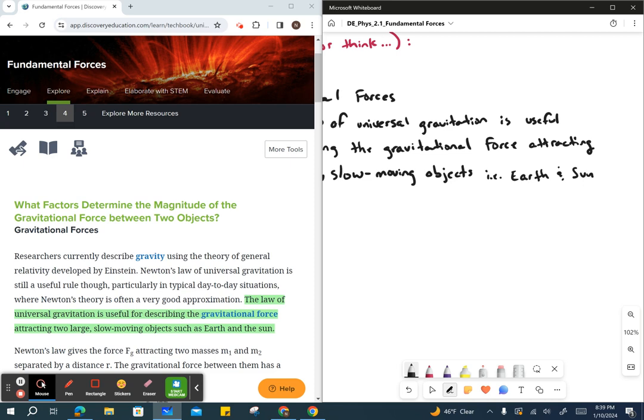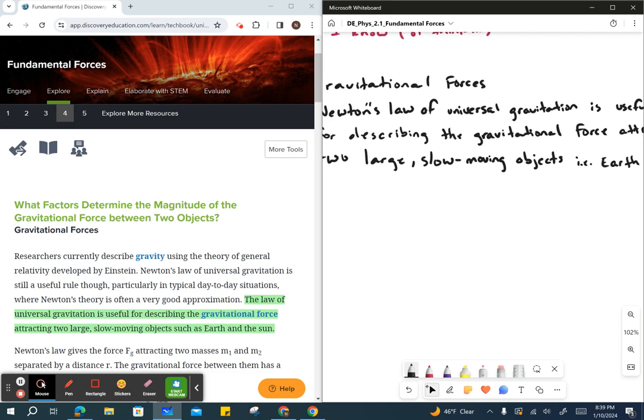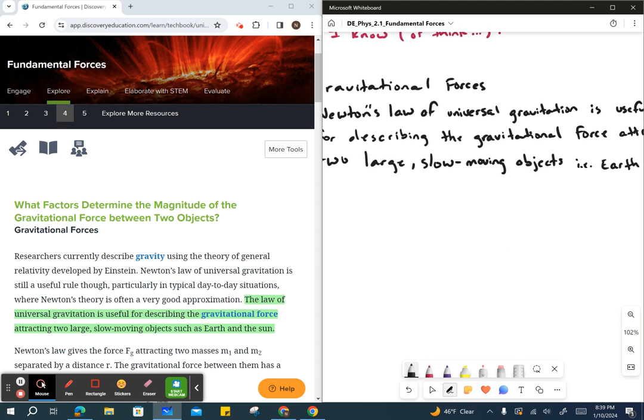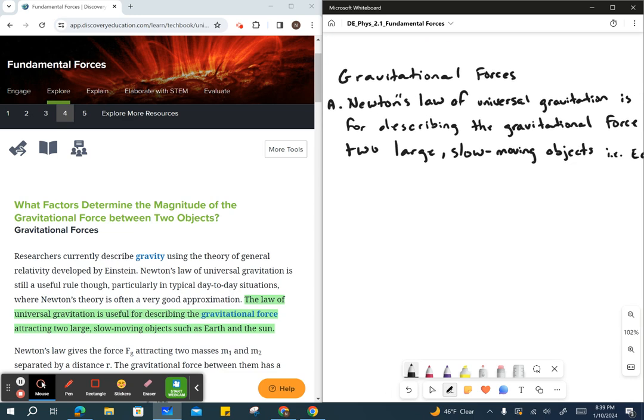Okay. Remember that the preference these days is to actually use Einstein's theory of relativity, but we can default to this law by Newton because for simple purposes, it gets the job done.